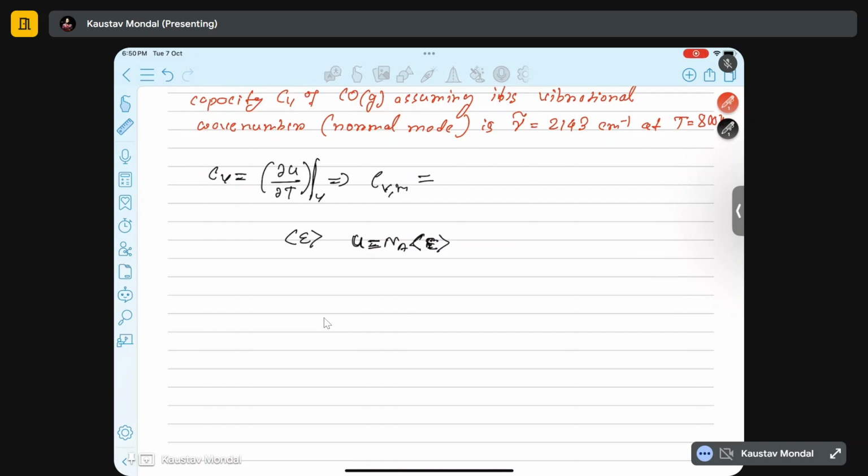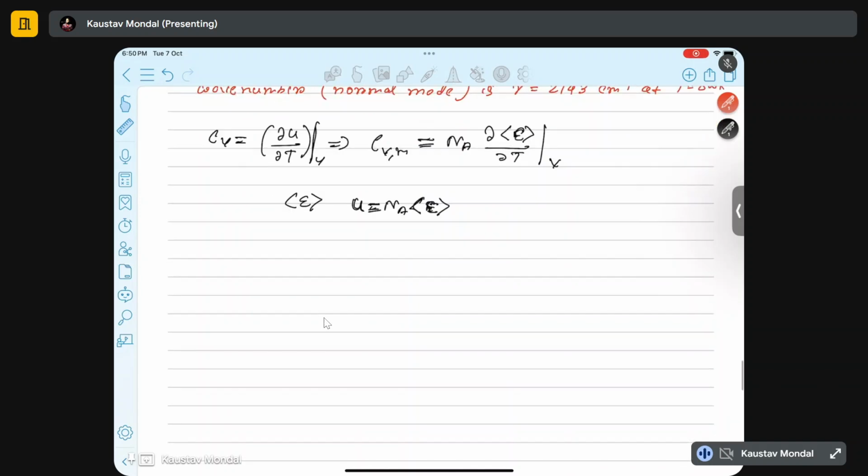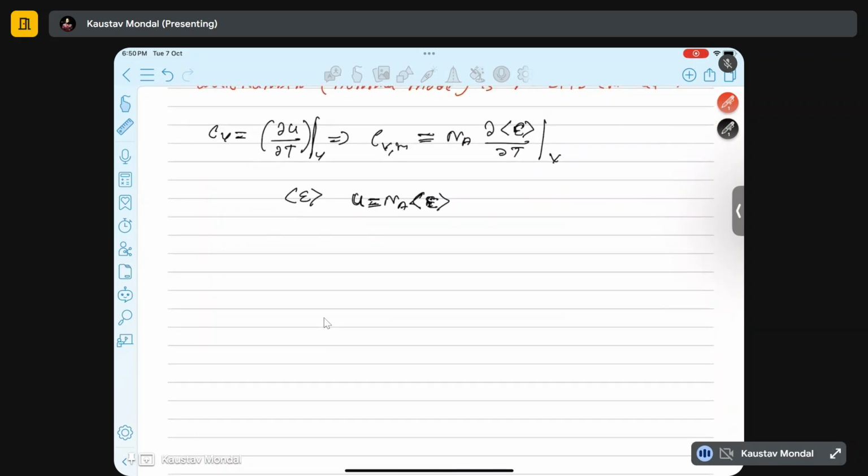So CVM will take a form like this: Na into del E by del T at constant volume, right? Now we know the average energy E is related with the partition function, that is 1 by q del q by del beta at constant volume.